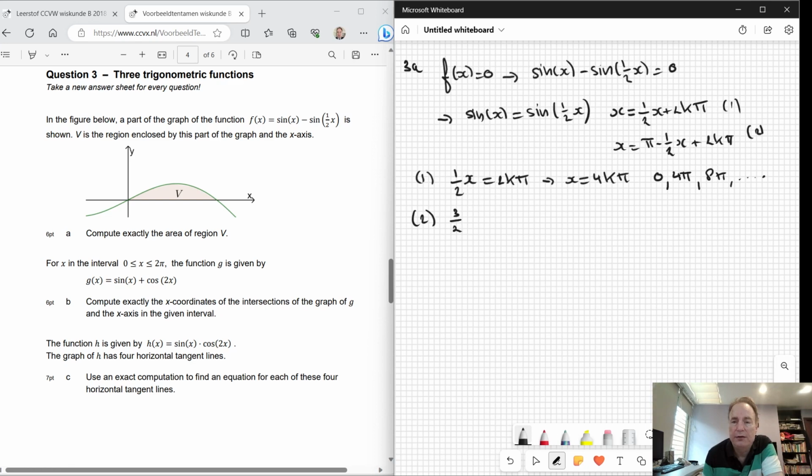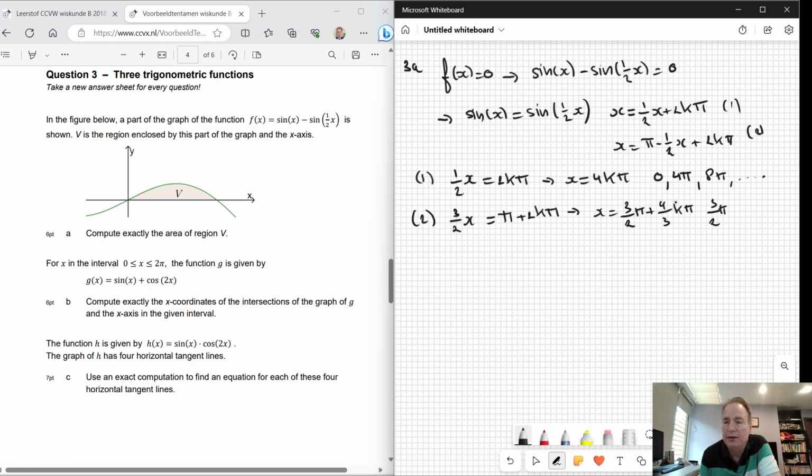Then you get 3 over 2x, bringing this half x to the left. It's pi plus 2k pi, which means x is 2 over 3 pi plus 4 over 3 k pi. And that has the solutions 2 over 3 pi if k is 0.